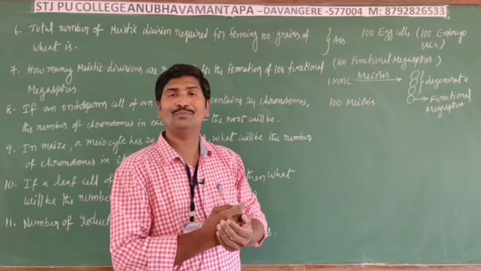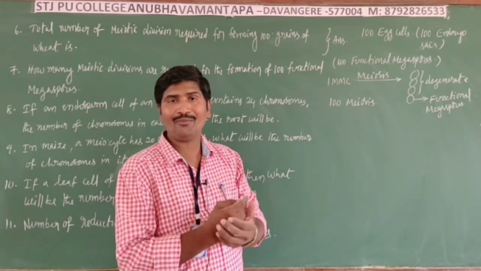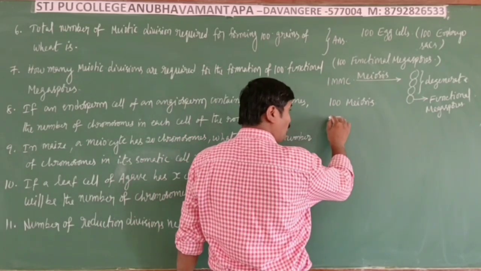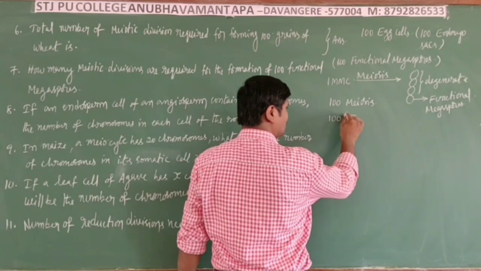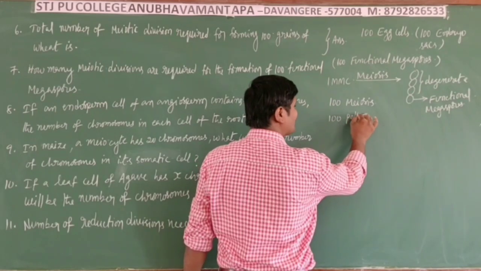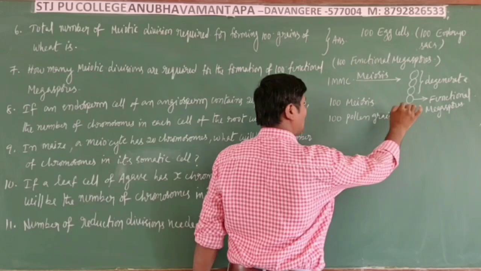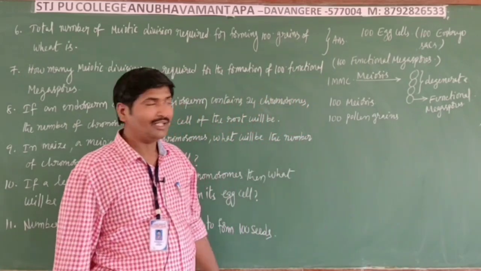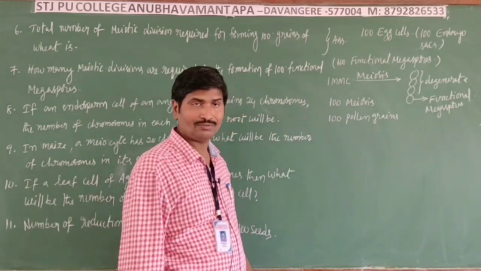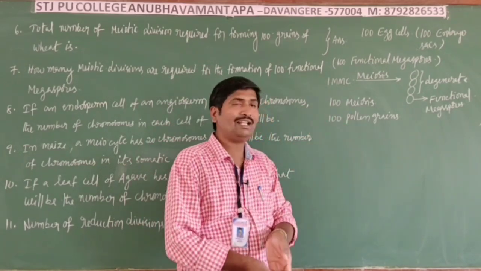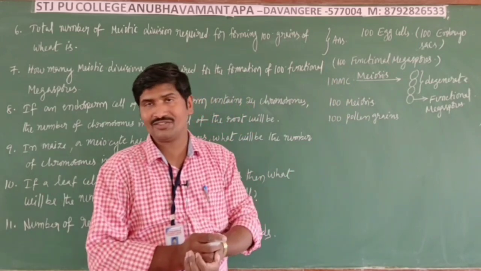What about male gametes? The male gametes are carried by the pollen tube. So how many pollen grains are required? 100 pollen grains are required. For the formation of 100 pollen grains, how many meiosis cell divisions are required?